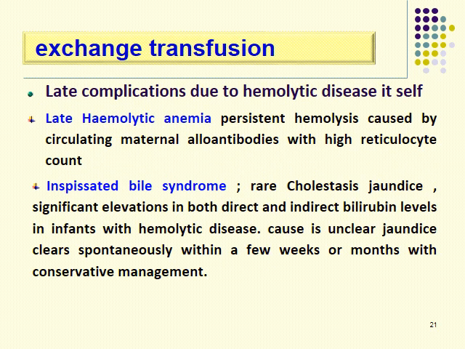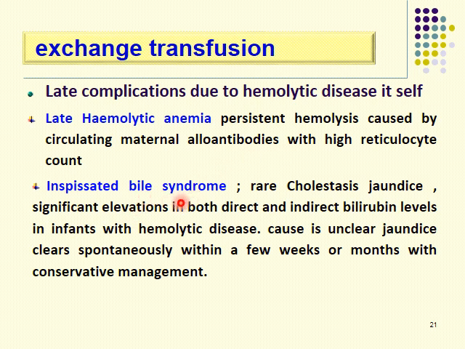Now, what are the late complications due to hemolytic disease itself? It is either late hemolytic anemia, that is persistence of hemolysis caused by circulating maternal alloantibody with high reticulocyte count, while hyporegenerative anemia has a very low reticulocyte count.